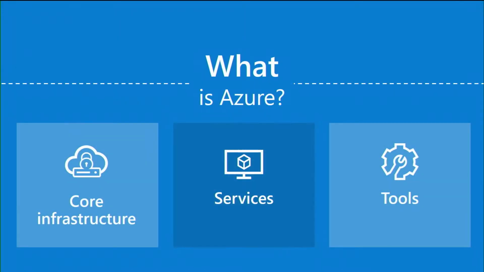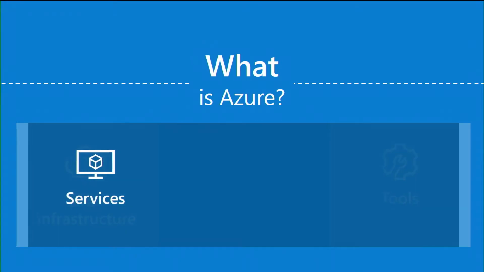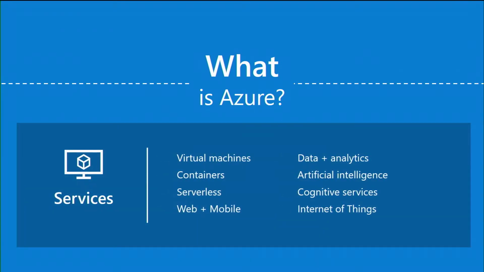All right, as I said before, we're not going to spend a ton of time on what Azure is because we've talked a little more about the core infrastructure side. So on the actual services, this is the infrastructure, here are the services. What are the things that I can do with Azure? I can use things like virtual machines, containers, serverless, and web and mobile.